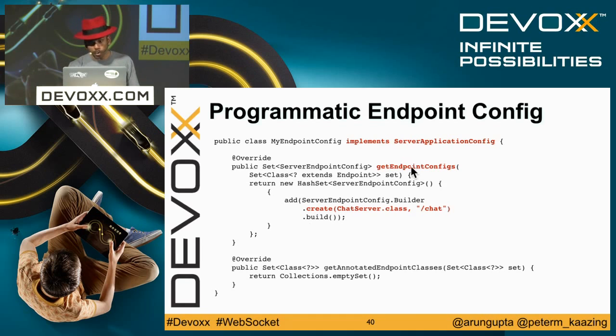One of the methods that you need to override is getEndpointConfigs, where you define a bunch of endpoints, maybe all programmatic, and then you can have those programmatic endpoints defined in one server application config file. So for example, here you're returning a hash set of all the server endpoint configs. And in this, you're basically adding multiple entries right there itself. And in there, you're saying, for this class, this is a URI. Okay? So you can see already this is a lot more verbose than the annotated endpoint, but for a reason.